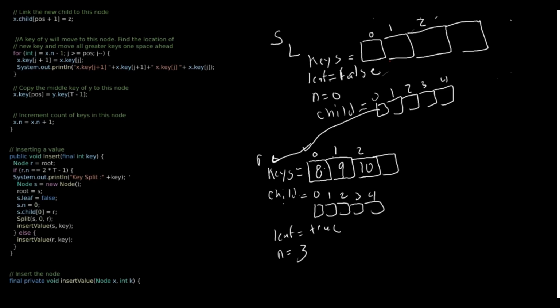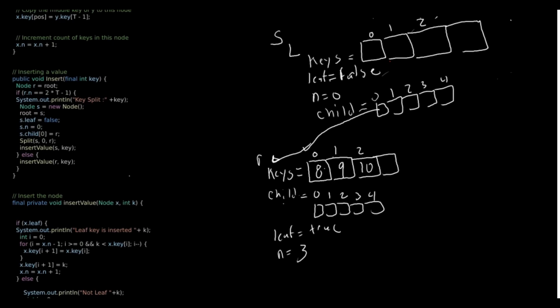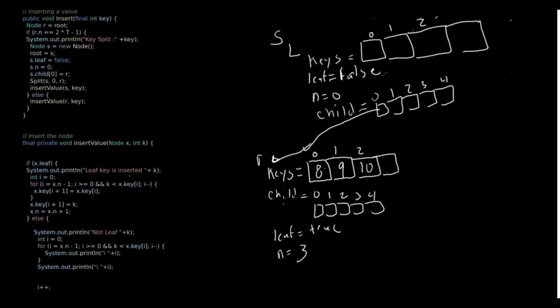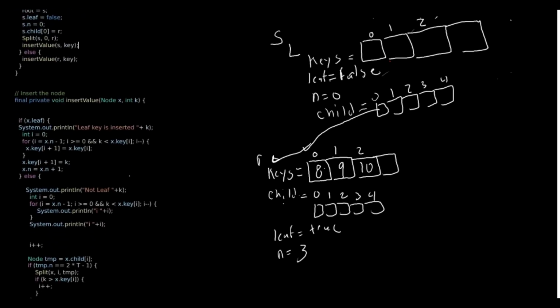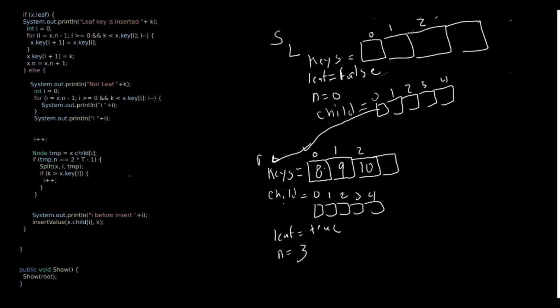Let's make this one clear. Child 0. R is child 0. And then from there we go into the split function. After we do this whole switch, we go into split.